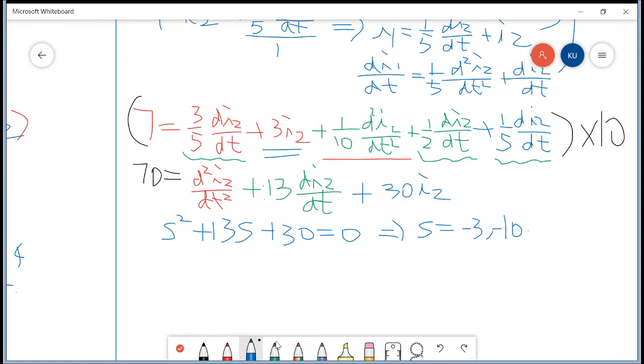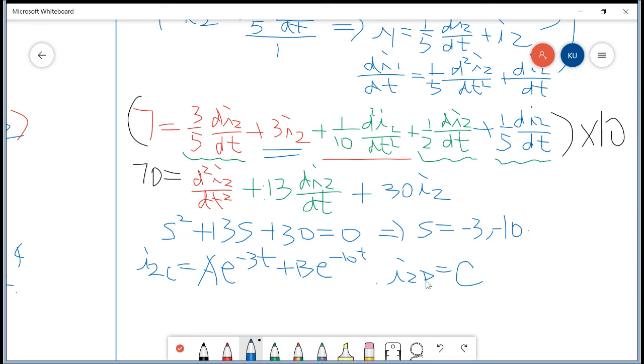In this case, I2c will be a exponential to minus 3t plus b exponential to minus 10t. I2p would be c.